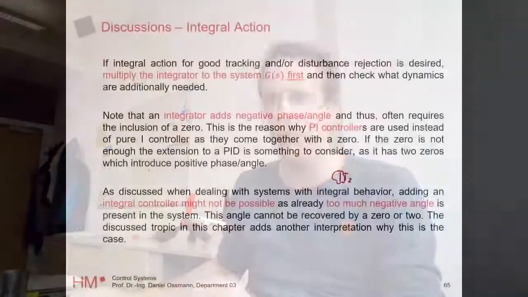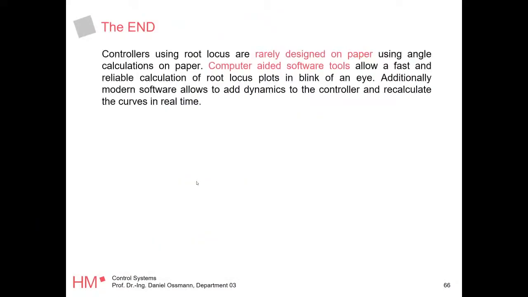If you add another one, you have even more negative angle, and you will need to compensate this with another zero to make the system faster. The more poles you add in your system, the more lag you add. You want to avoid that. But actually a very good question, so thanks for asking that one.